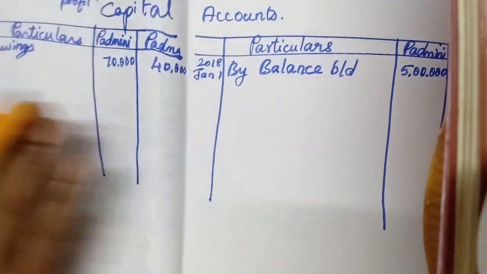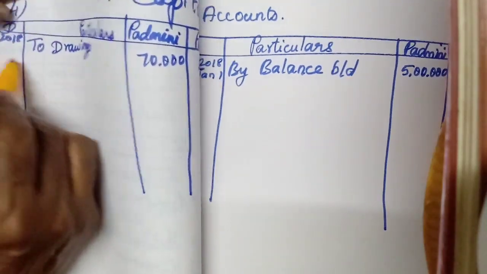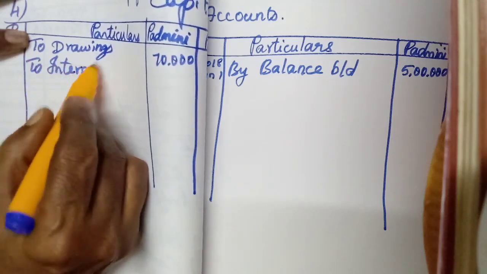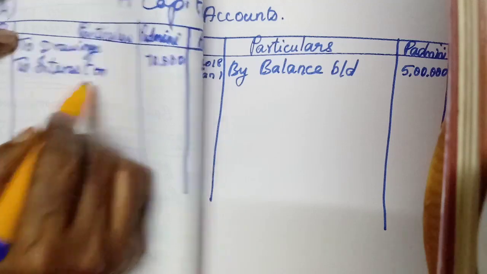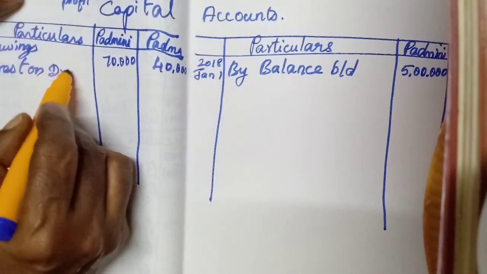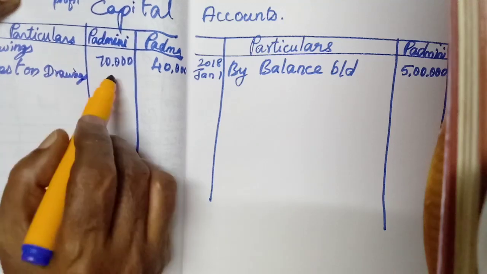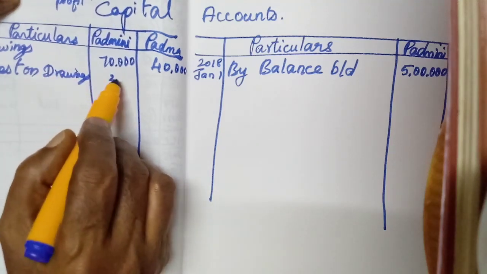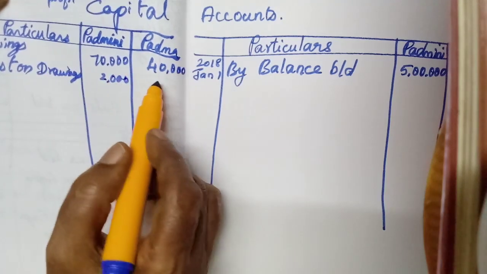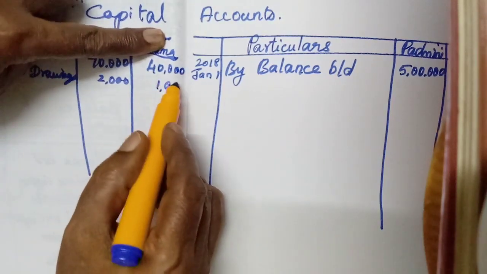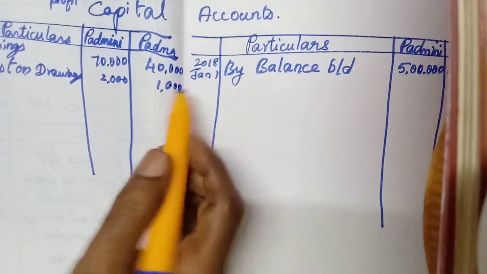Then interest on drawings also debit side. Interest on drawings, 2,000, 1,000. 2,000 you have to write as per the place value. Then 1,000 here.